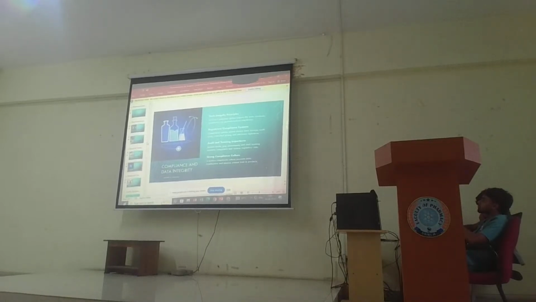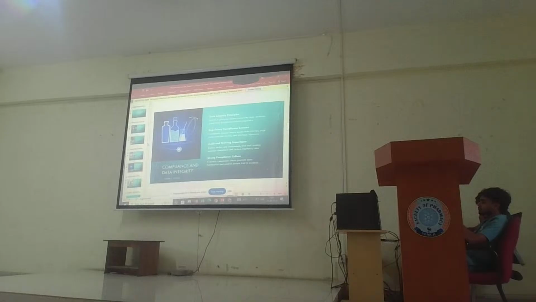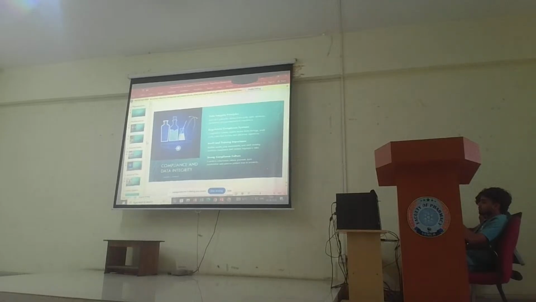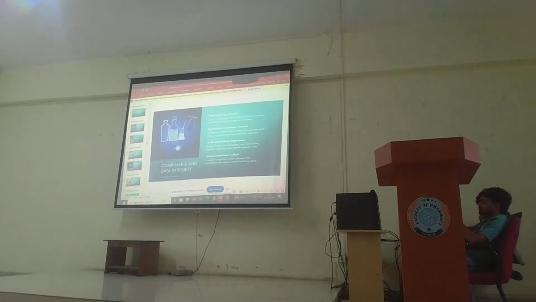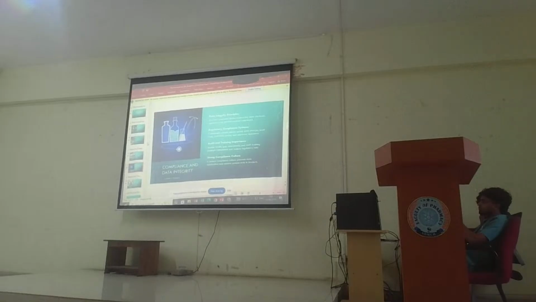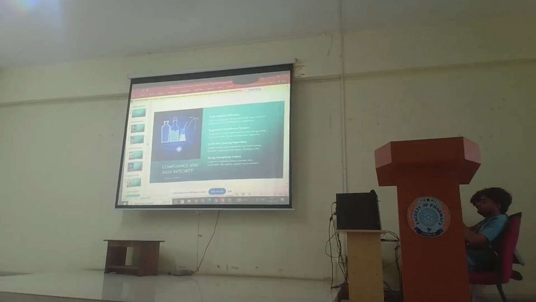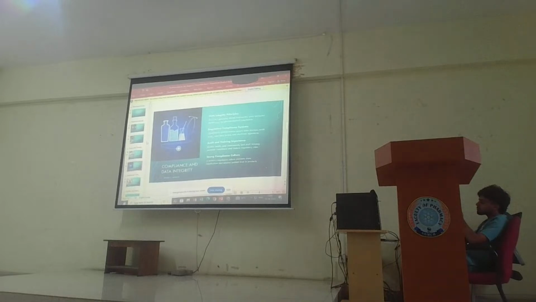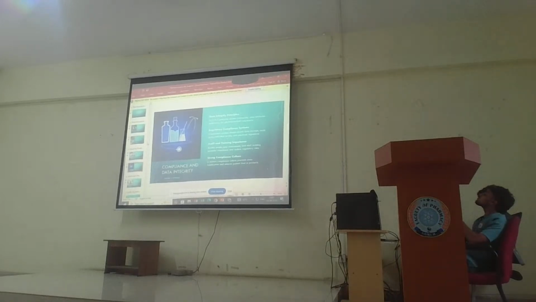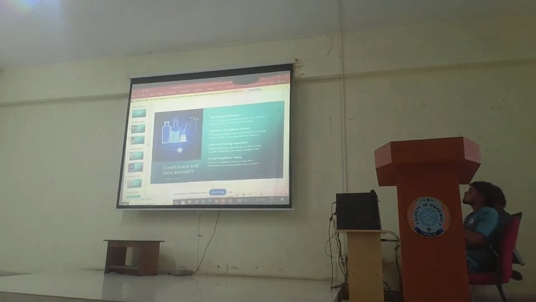So incomplete data means we cannot investigate during the analysis or during the evaluation of many products. So these are the principles that we follow in the pharmaceutical industries.